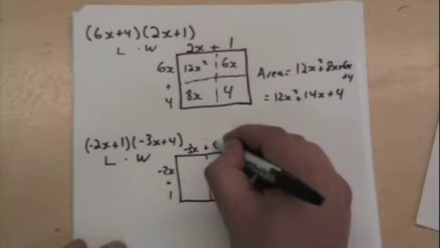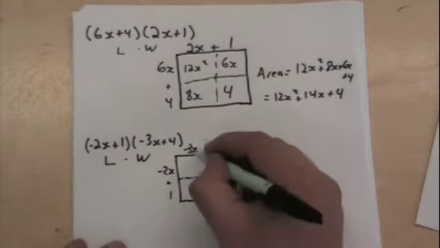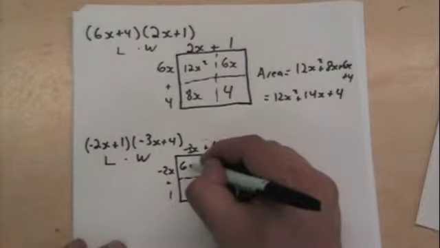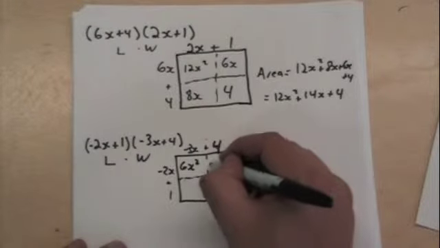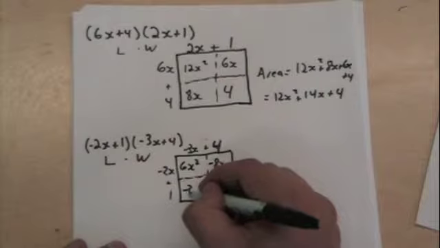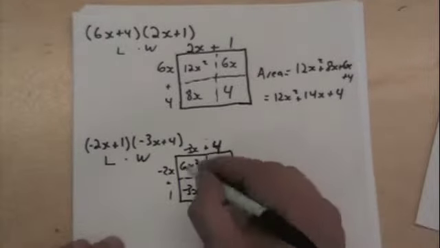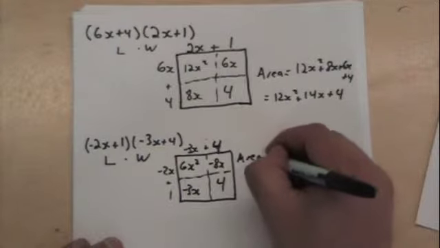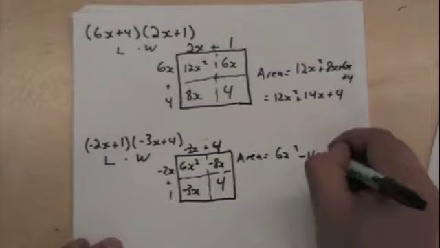We can break it up. Negative 3 times negative 2 is positive 6, so 6x squared, negative 8x, negative 3x, and positive 4. We could quickly add this up and find that the area is 6x squared minus 11x plus 4.